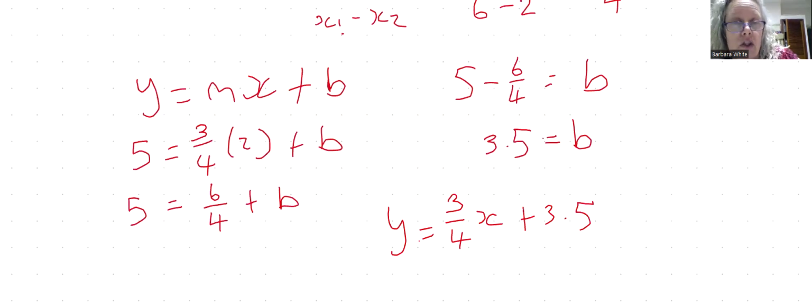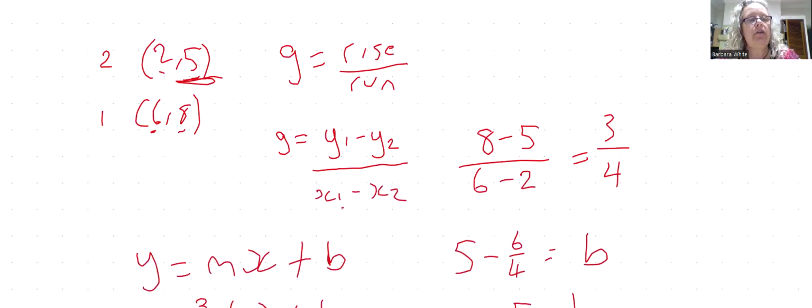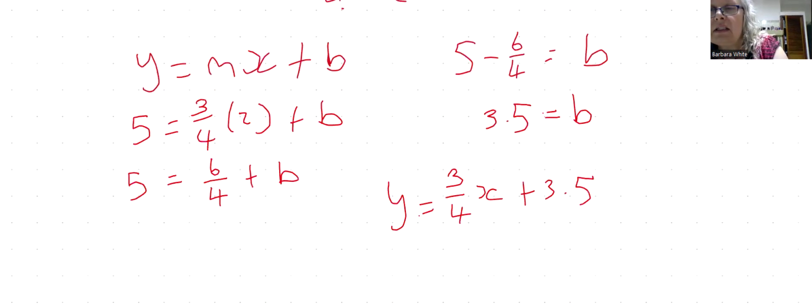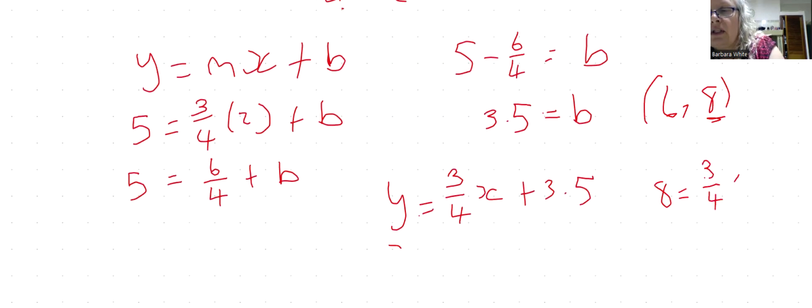Now, it's a good idea to just check. So you go back to your coordinate point. Let's go to this coordinate point, the one we didn't use, 6, 8, and let's make sure it works. Coordinate point is 6, 8. Let's do a sum. 8 for our y. 8 equals 3/4 of 6, because that's our x value there, plus 3.5.